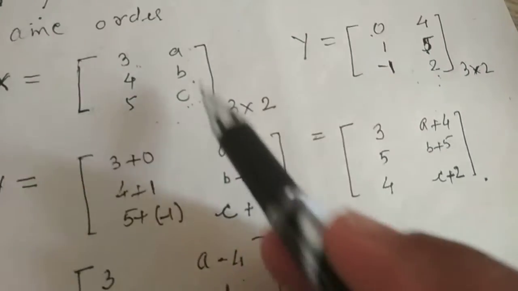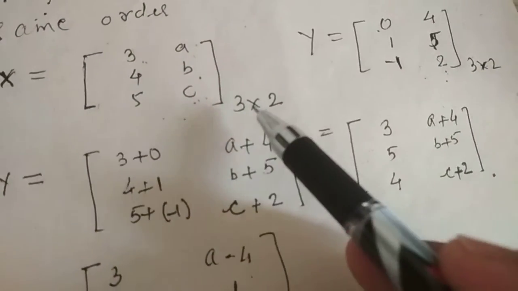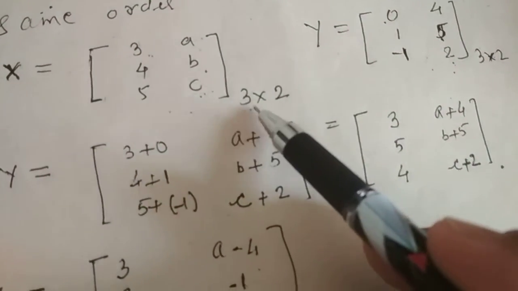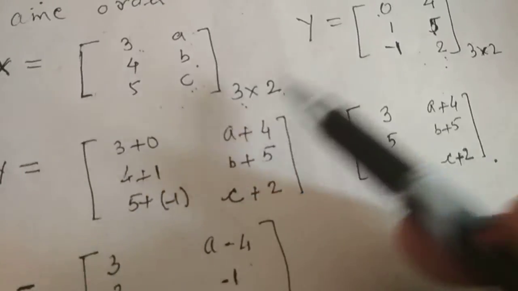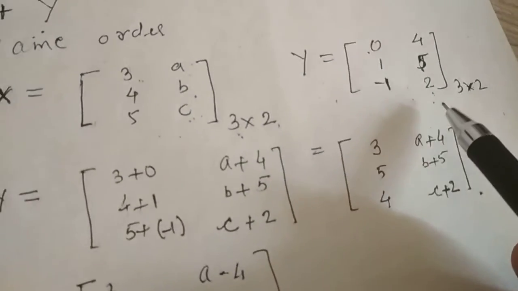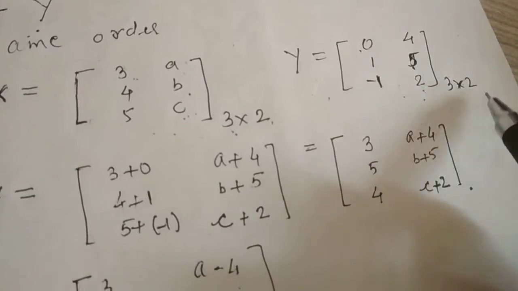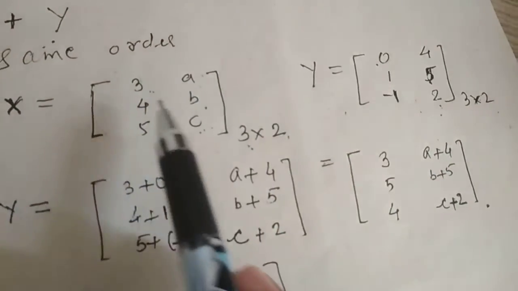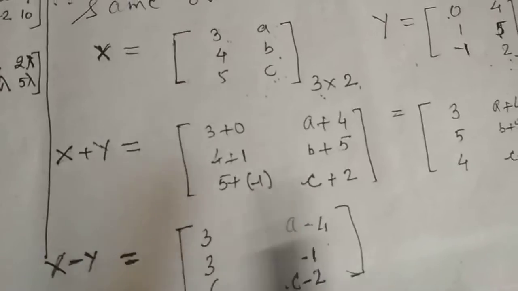We have taken an example and seen how the two matrices are getting added up. A matrix X of 3 by 2 order can be added up to another matrix Y, which is also of same order 3 by 2, and the corresponding elements are added up and form the new matrix X plus Y. Similarly, X minus Y can also be added.